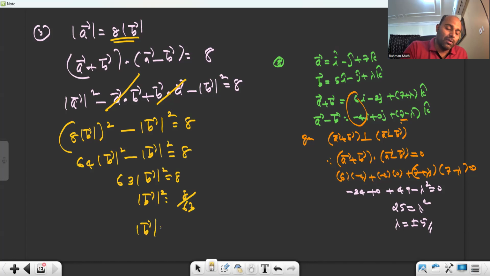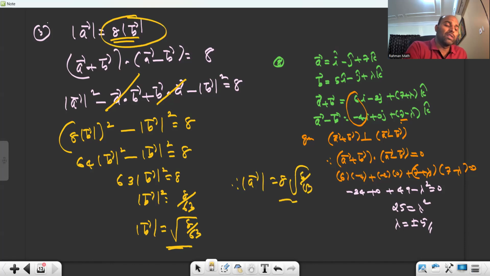Therefore magnitude B equals root of 8 by 63, and magnitude A is 8 times root of 8 by 63, since magnitude A is 8 times B.